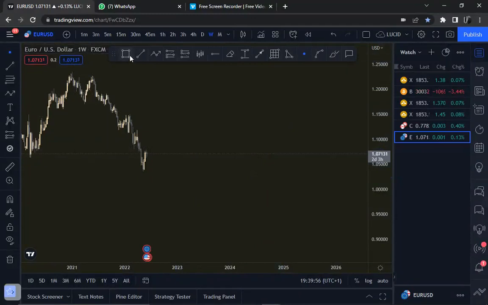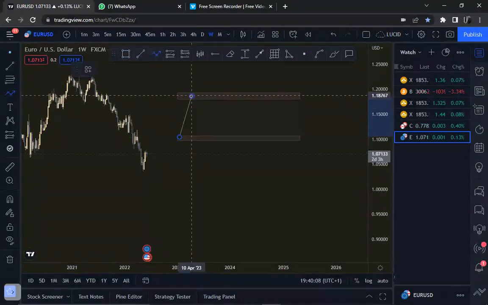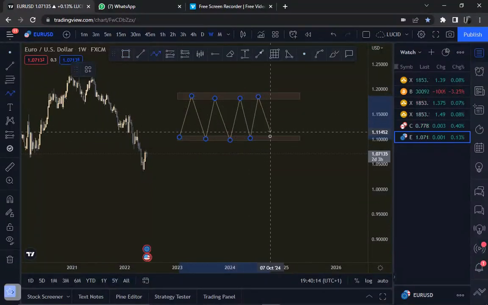Let's say you have a resistance and a support zone. Price hits support, hits resistance, hits support, hits resistance, and you say, oh, price has hit support, let's buy. What happens?